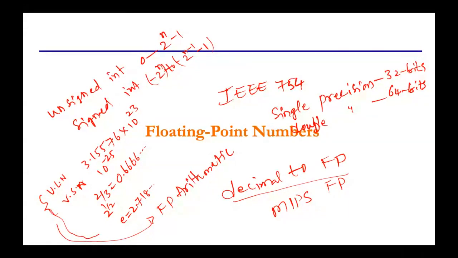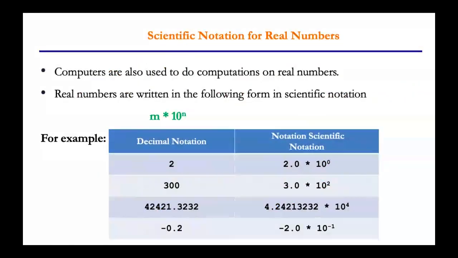In the C language, such variables are declared as float data types. Okay, so now let us see scientific notation and floating point representation.